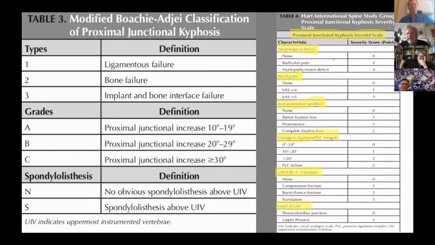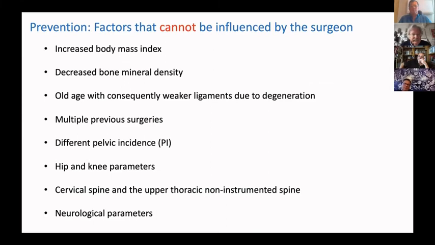This has been done by the International Spine Study Group, and you can see they have classified it according to the neurological deficit, the focal pain, the instrumentation failure, the change of the kyphosis angle, and basically the type of fracture, whether there is a fracture of the last vertebra instrumented or fractures above, and of course where exactly the junctional kyphosis occurs, because it makes a difference whether it's in the thoracolumbar junction or in the upper thoracic spine.